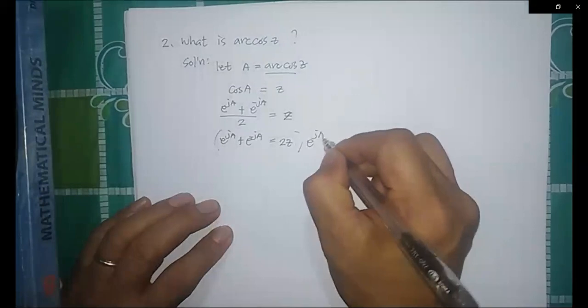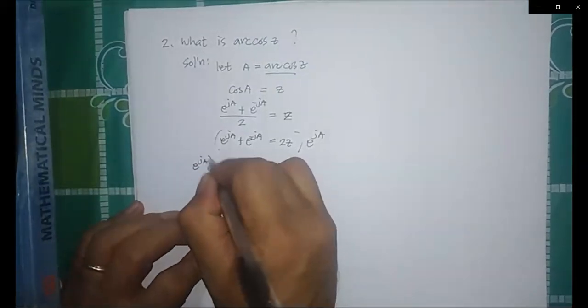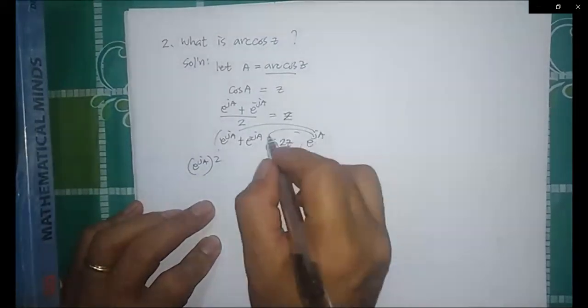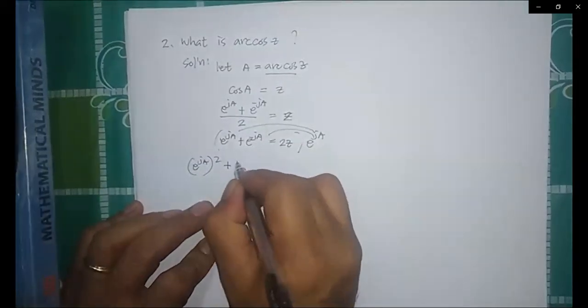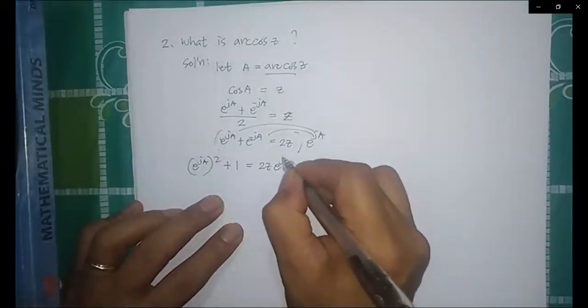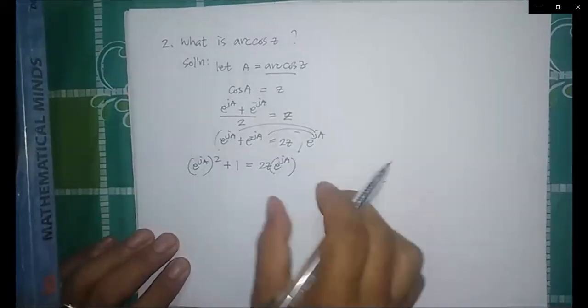And if we multiply the whole equation by e raised to ja, now we can produce a quadratic equation. That is e raised to ja squared plus, take note, that will become 1 equals 2z times e raised to ja.